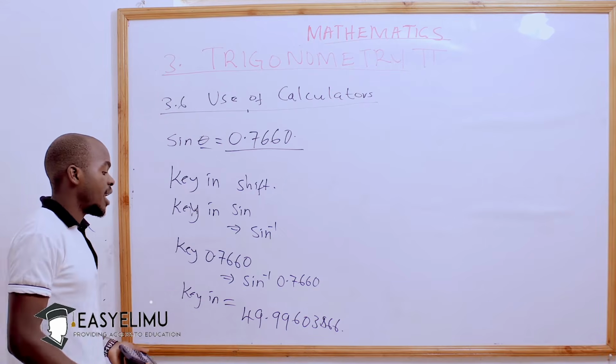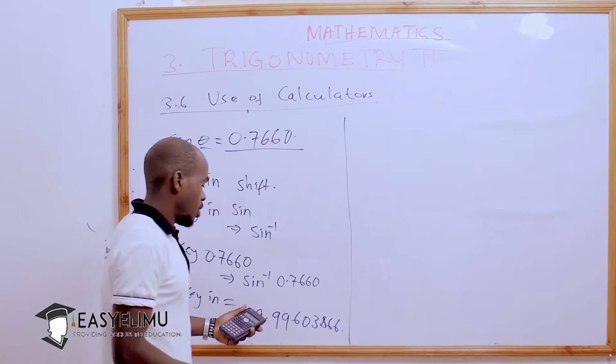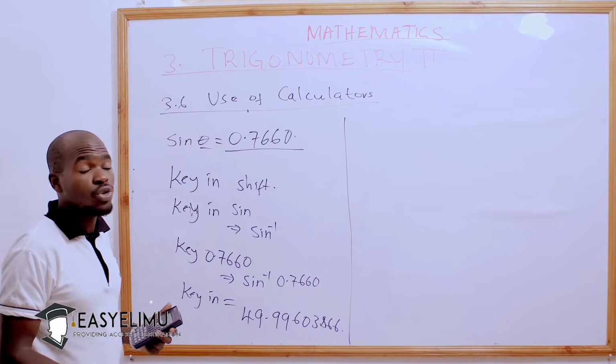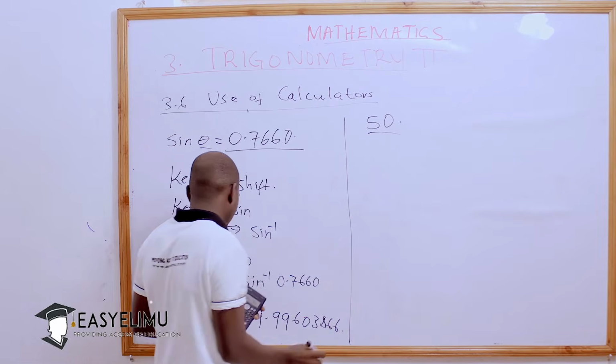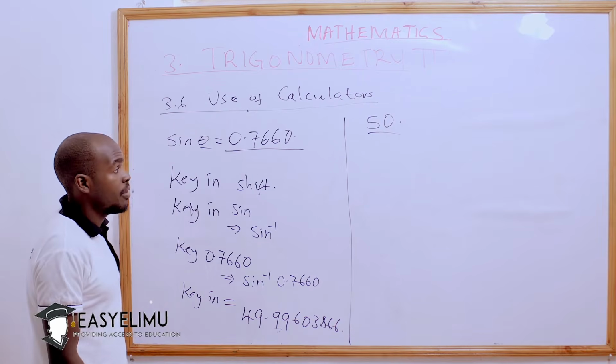And if you round this number to the nearest whole number, or let's say to two significant figures, you will find it is 50. Because this is 9, and if you round off, it will give you 50.